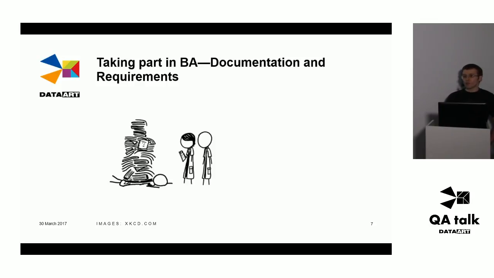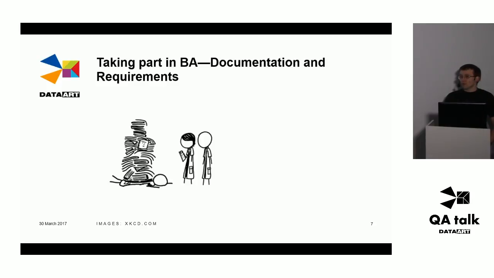So what you have just carefully created cannot be effectively broken by you. If you don't have a business analyst, the product owner from the business side will definitely not test his requirements. So ask your business analyst, ask the product owner, offer your help. You can test requirements and documentation.